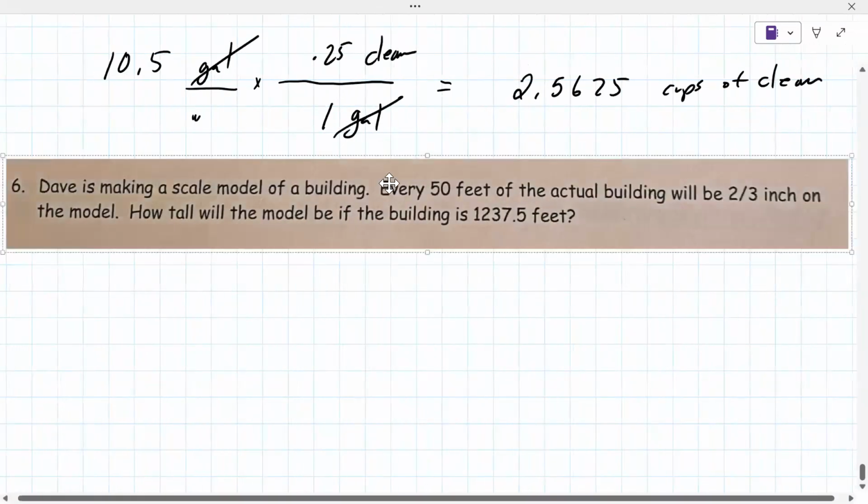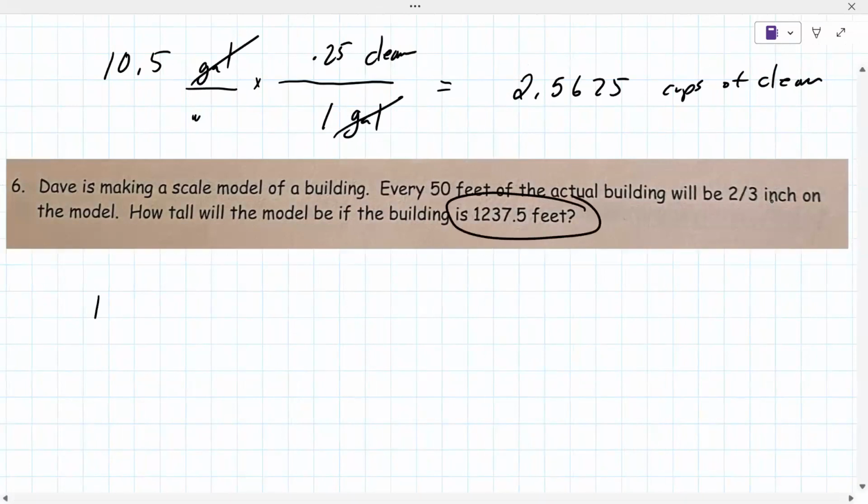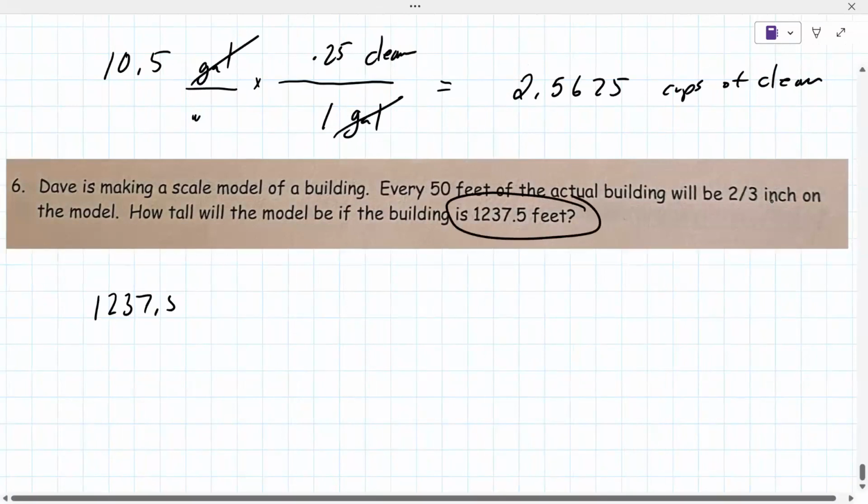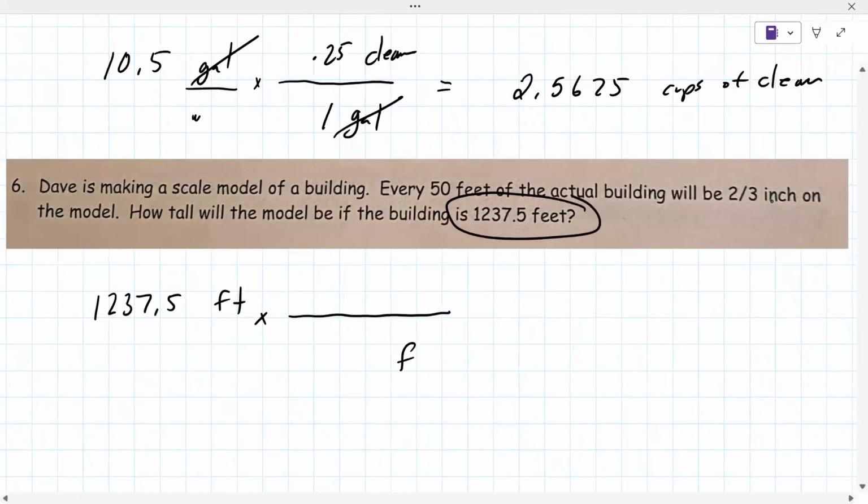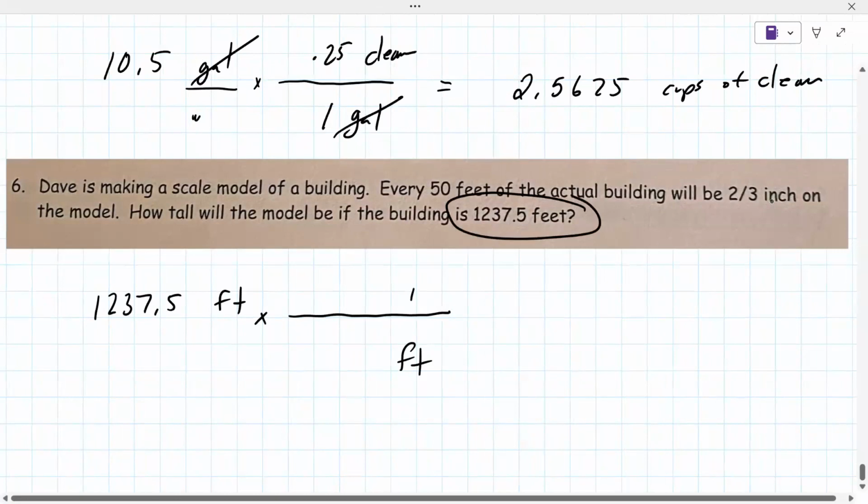Dave is making a scale model of a building. Every 50 feet of the actual building will be 2/3 inch on the model. How tall will the model be if the building is 1,237.5 feet? Again, you always start with a given piece of information. We know that you can go from feet to inches here where we're using the conversion.